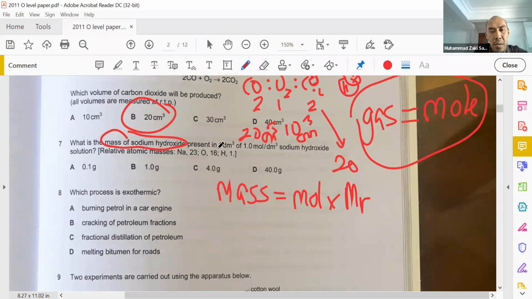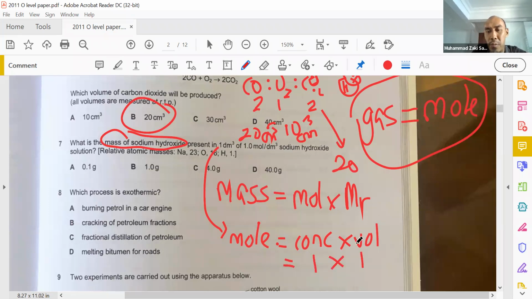Remember, mole equals concentration times volume. In dm cube, the concentration is 1 and the volume is 1, so the mole is 1. Substitute this number 1 to here.